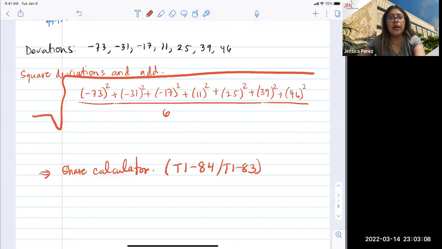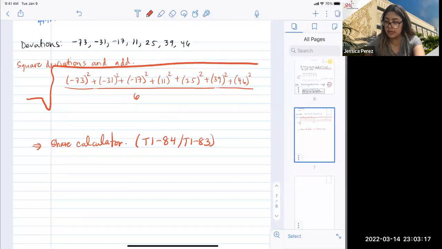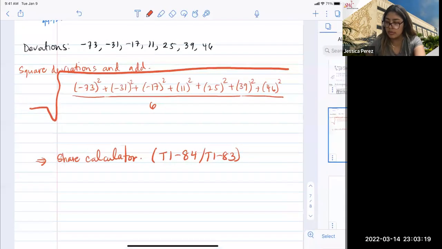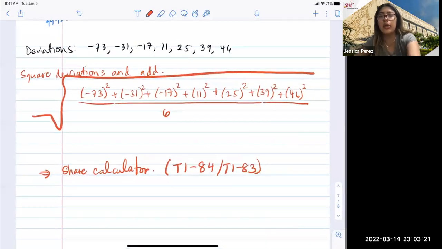And then I also have 39 squared. Again, this is going to be a large number, so please make sure that you are using your calculator properly. So again, TI 84, TI 83, using parentheses, very important. Plus, and then of course you have your 46 being squared, and then divided by 6.